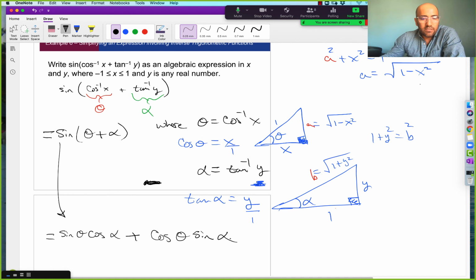And then each one of these parts we can get from our two established triangles. Sine of theta is opposite over hypotenuse.